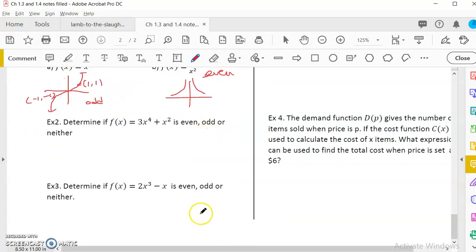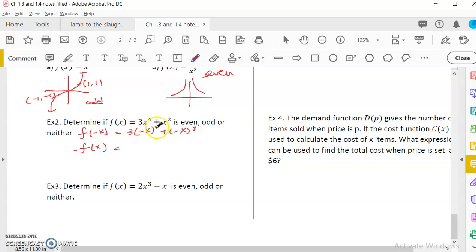The second and third examples check whether they're even or odd using the algebraic method, not graphing. So I have f of x. I just need to calculate f of negative x and negative f of x. f of negative x: plug in negative x to the fourth power, and negative x squared.